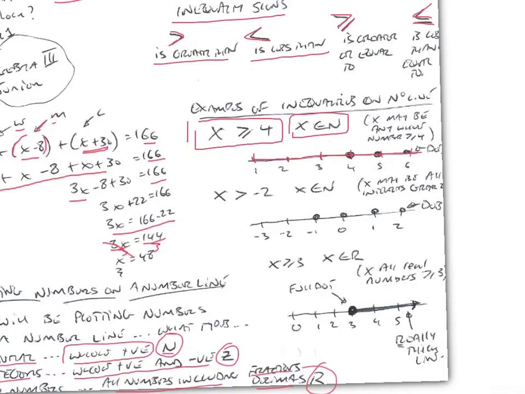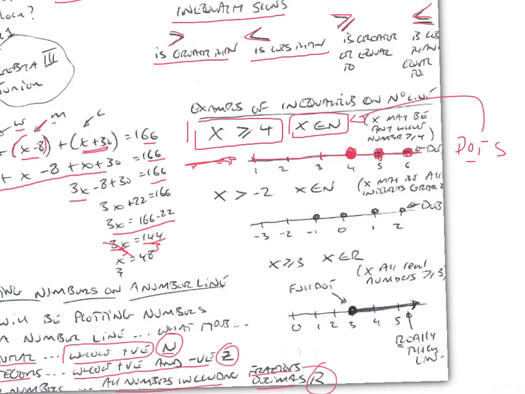So that's why we haven't got any minus 1 or any of that stuff going on down here. So x is greater than or equal to 4. So we'll mark 4 with a dot. 5 is greater than 4. 6 is greater than 4, and we're using dots when we mark any values of x on a number line that are from the natural numbers.